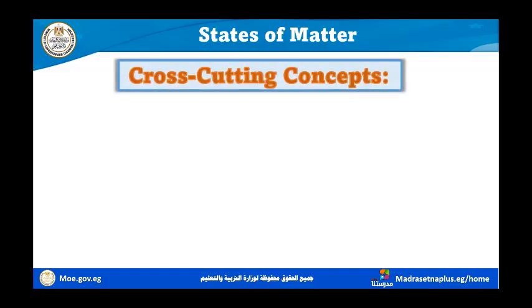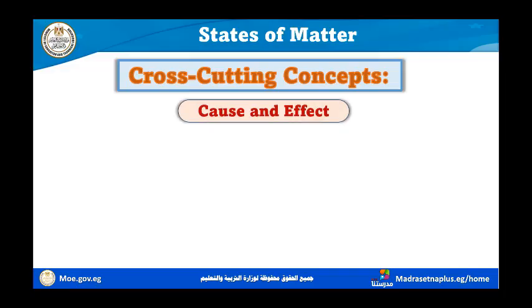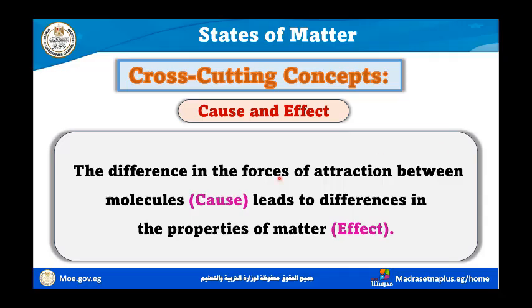Here are some cross-cutting concepts: cause and effect. They are related to each other. The cause will lead to the effect. The difference in the forces of attraction between the molecules, this is the cause that we have learned during our lesson, leads to the differences in the properties of matter, and this is the effect.